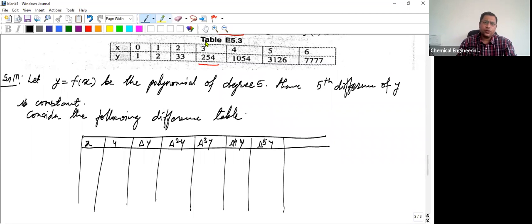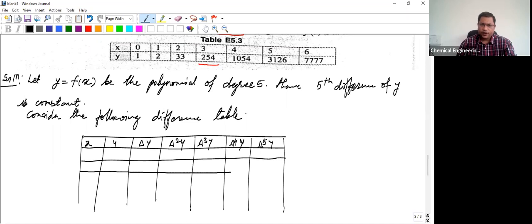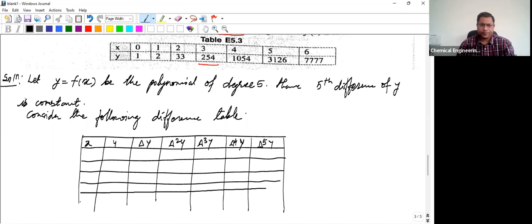Okay, so as we know, the difference is going to be 0 if the difference is a constant. So think of these differences. And we know now f of 3 is in error.